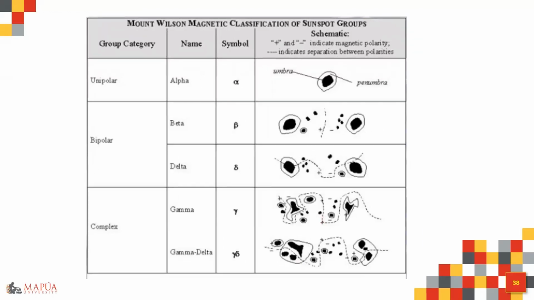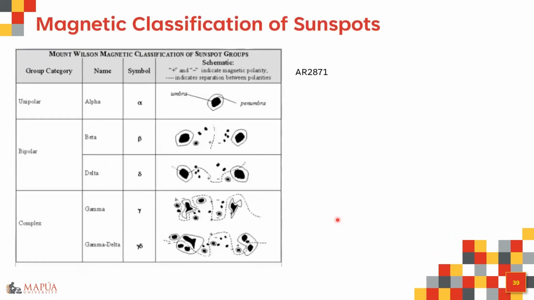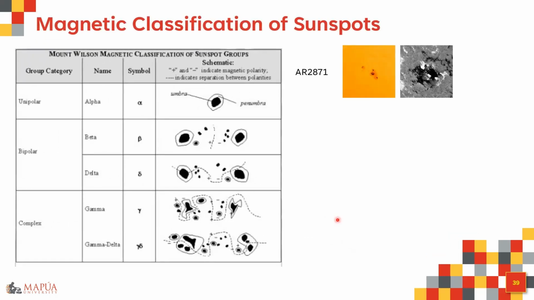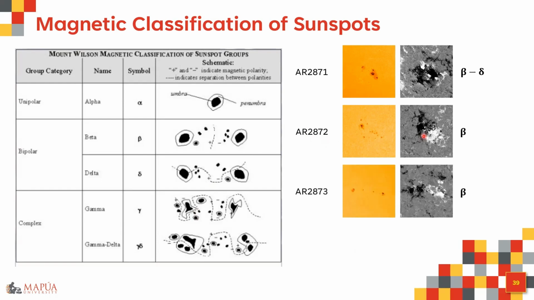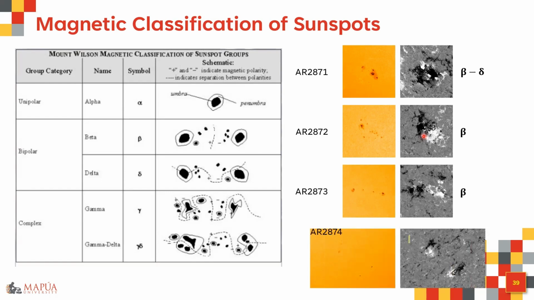For example, the sunspot we saw earlier, AR2878, is actually categorized as beta gamma, beta delta. That means it may develop into a complex gamma configuration. It may not. So 2872 is still in beta, as well as 2873, 2874, as well as 2875.